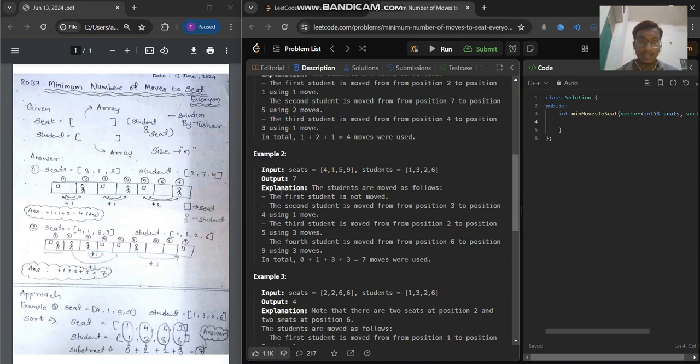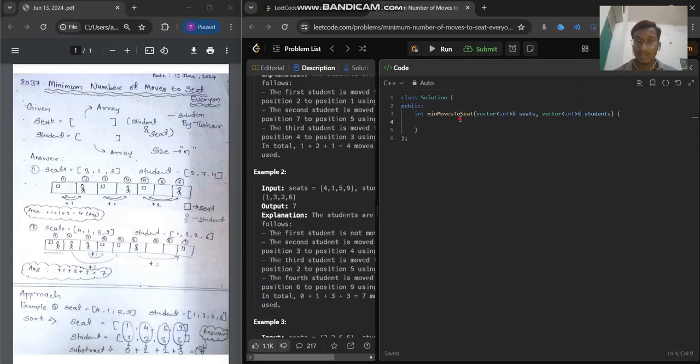Coding will be simple, since this is not much complicated. So we'll start. Our initial target was to sort the arrays.